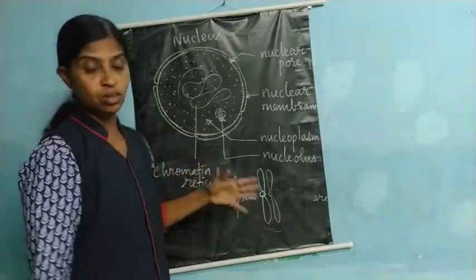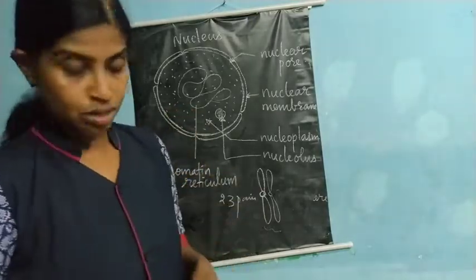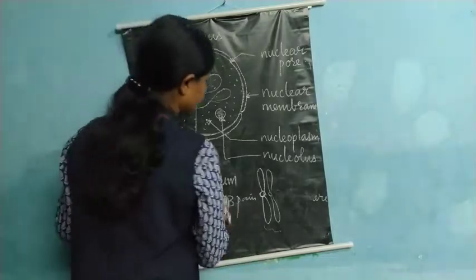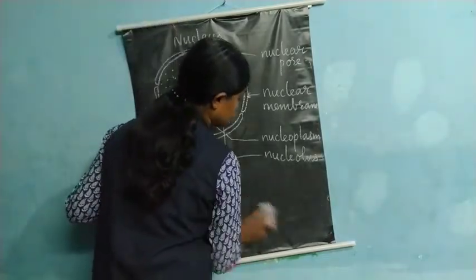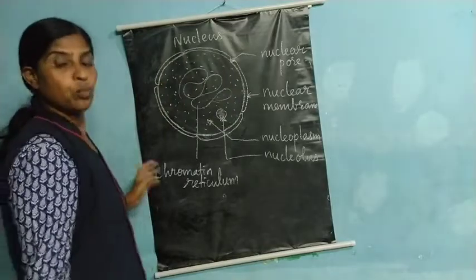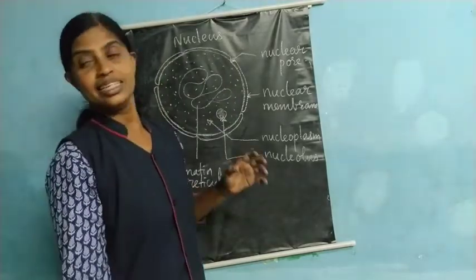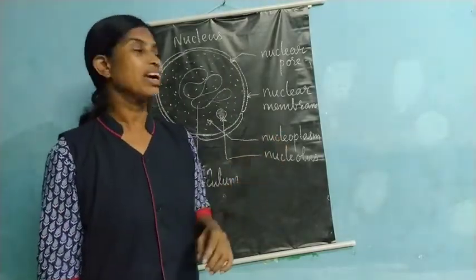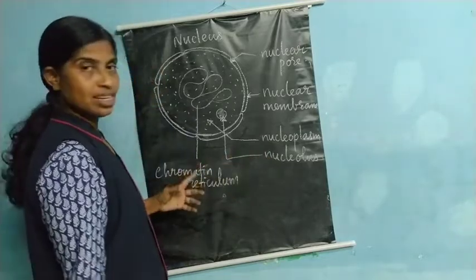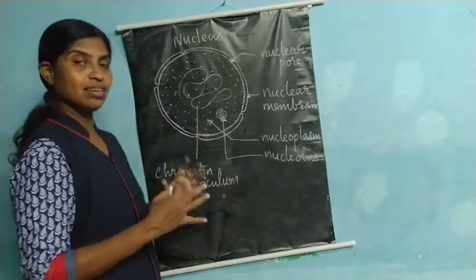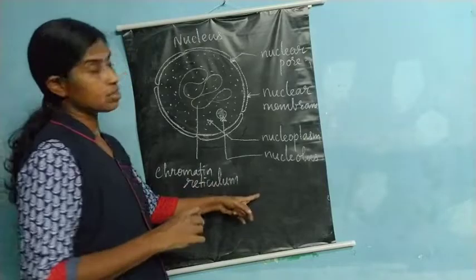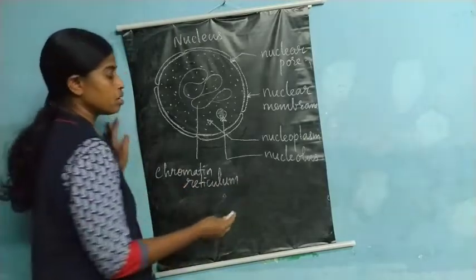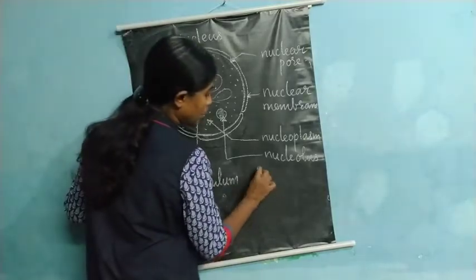Now, what is the role of the chromosome? Chromosomes are the structure or vehicle which carries the hereditary information from parents to offspring. What are chromosomes made of?